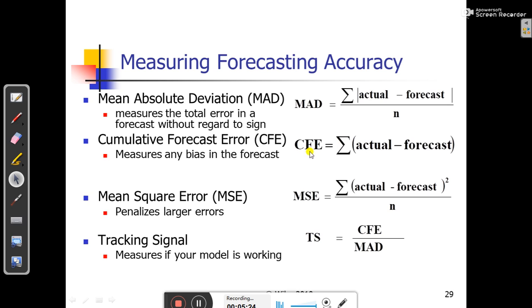That is, the summation of actual minus forecast divided by the mean absolute deviation. This has minus and plus values. So by using this equation we can find whether your model is working or not.